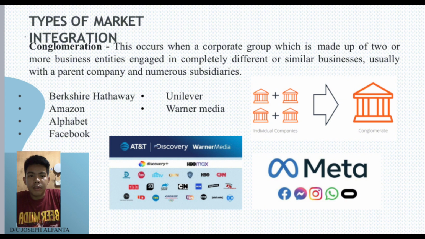Lastly, conglomeration occurs when a corporate group made up of two or more business entities engages in completely different or similar businesses, usually with a parent company and numerous subsidiaries. For example, this is the SM of Henry Sy.